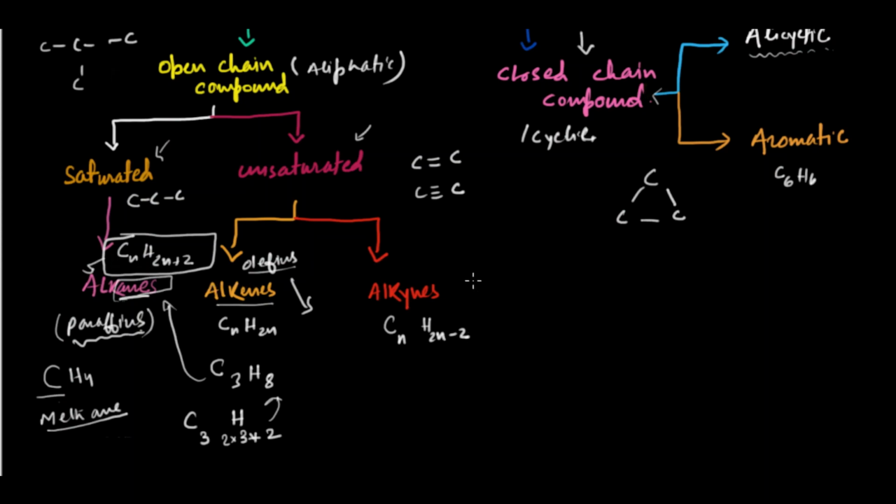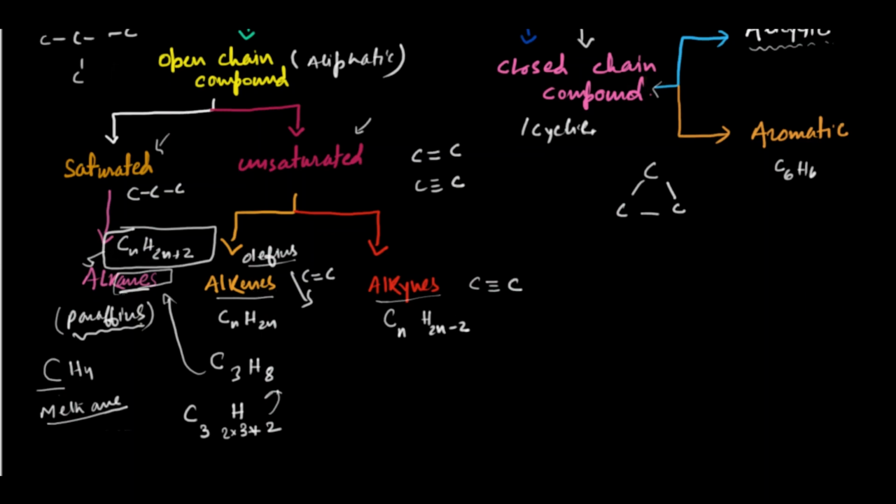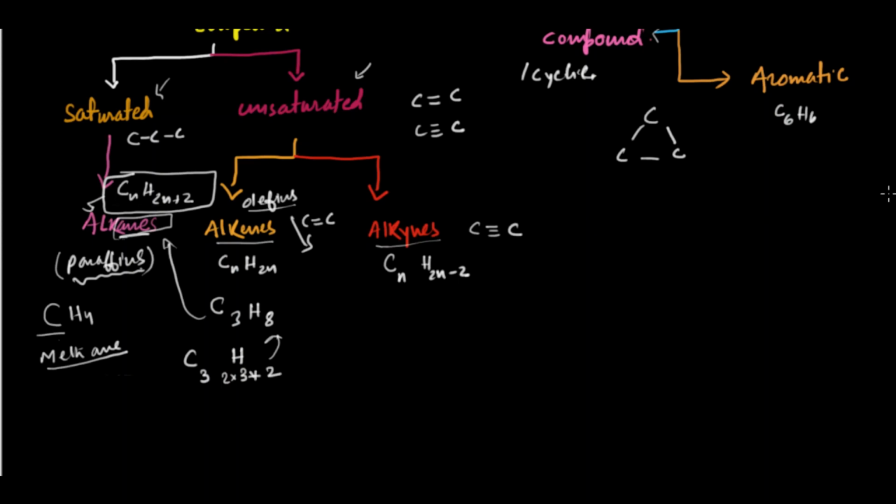Or, not just in this way, whenever you find a structure with a triple bond between 2 carbons, it is an alkyne, and whenever you find a double bond between two carbons, it is an alkene. Most of the time you'll find a mixture of these two or of these three. So keep it in your mind, we will discuss this in detail.